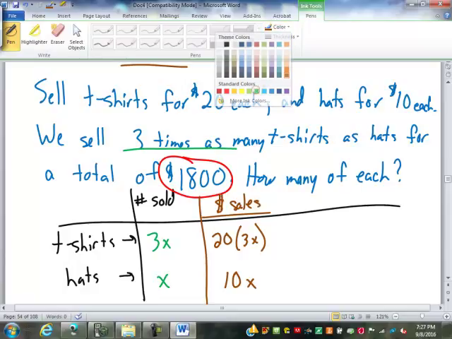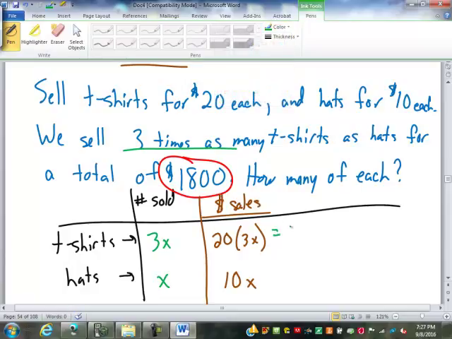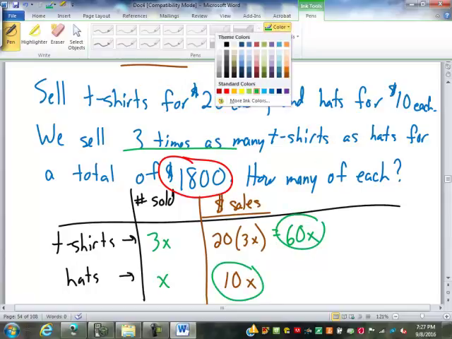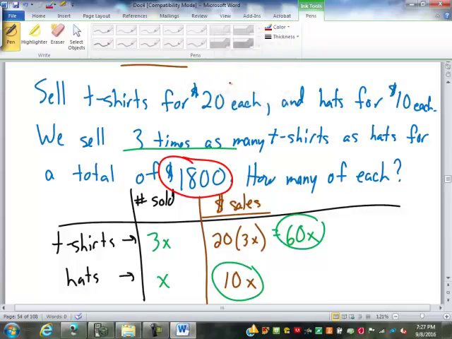So I'm going to go ahead and multiply. 20 times 3X is 60X. So I have 60X in my dollars from t-shirts. 10X is my dollars from the hats. What do I know about those two?